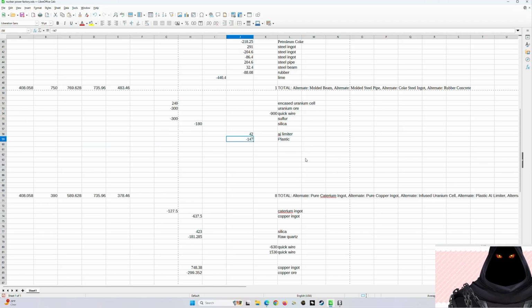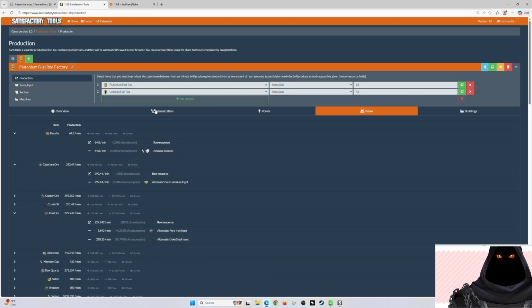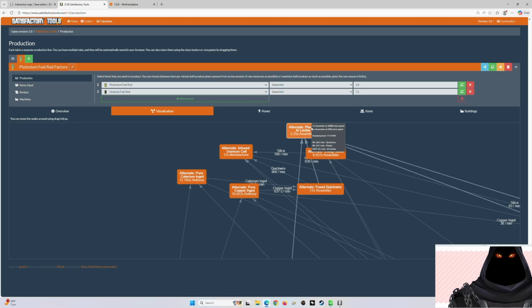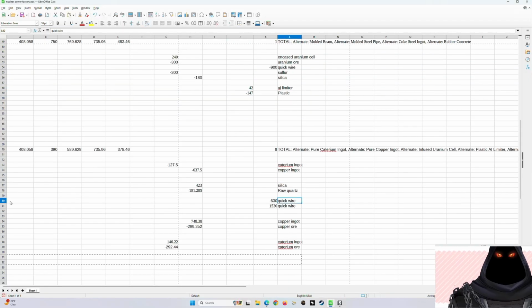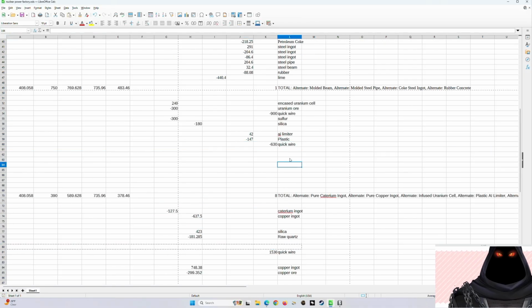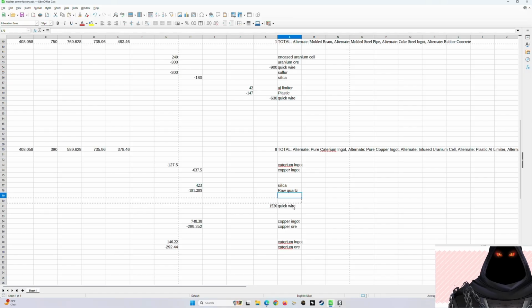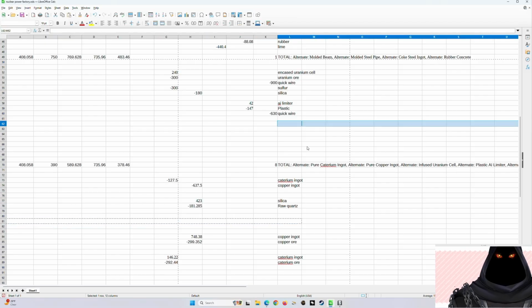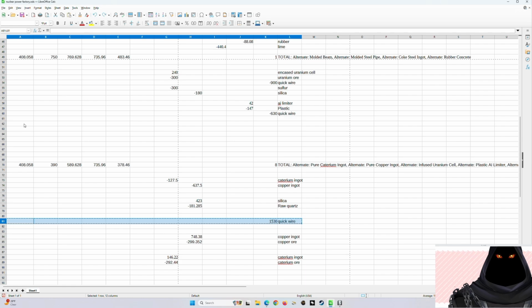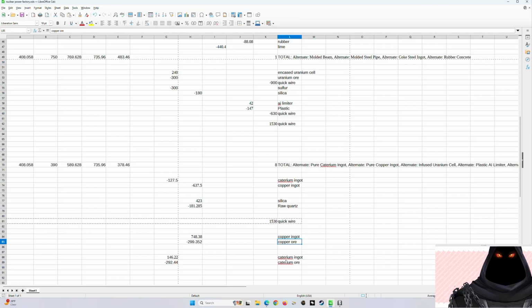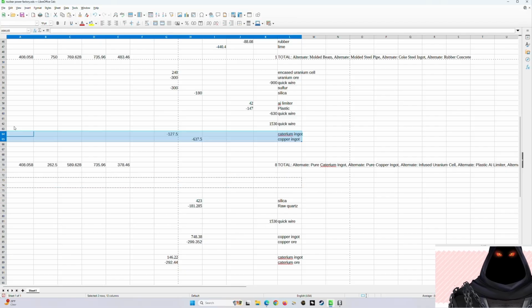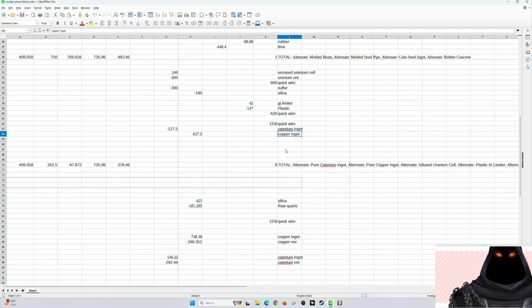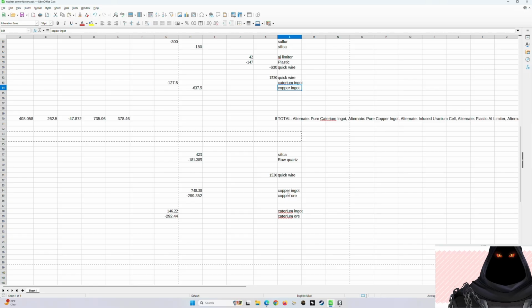So AI limiter, how much? 30 quick wire. So 730 quick wire, okay, good. And then we have 150 quick wire, which comes from these.